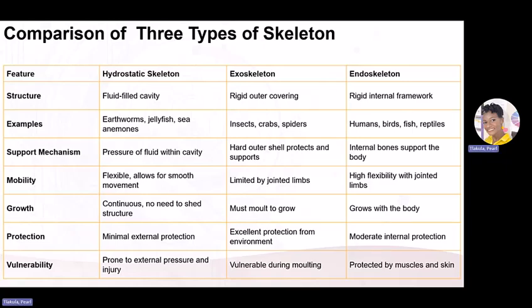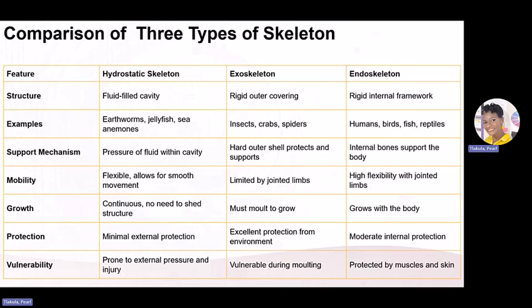The exoskeleton has a hard outer shell that protects and supports it. And the endoskeleton has internal bones that support the body. In terms of mobility, the hydrostatic skeleton is flexible and allows for smooth movement.